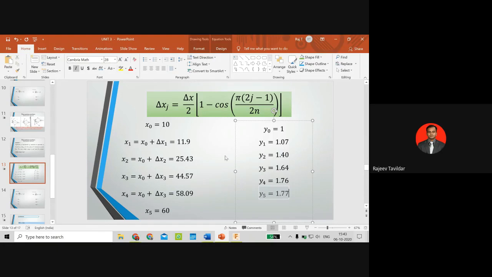Yes, they are correct. You can understand the range of y will be 1.77 minus 1. So that will be 0.77, the range of y.